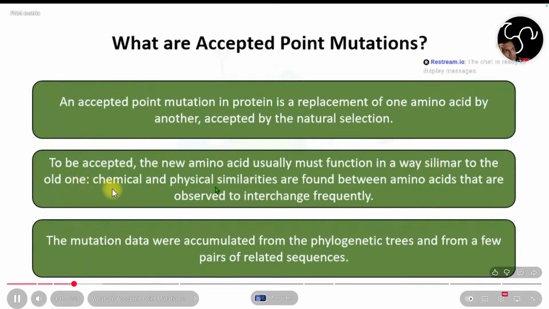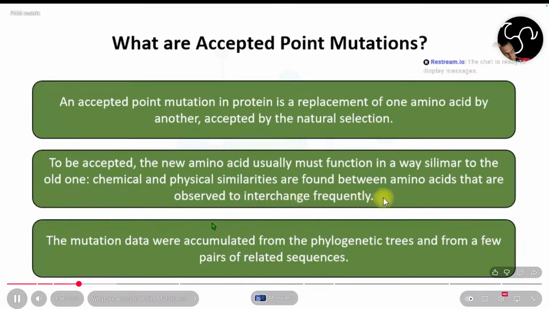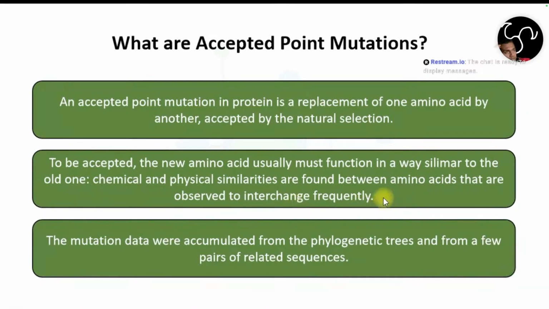Chemical and physical similarities are found between amino acids that are observed to interchange frequently. This assumption is reasonable because this likelihood should depend on the product of frequencies of occurrence of two amino acids and on their chemical and physical similarities. The mutation data were accumulated from the phylogenetic trees and from a few pairs of related sequences.